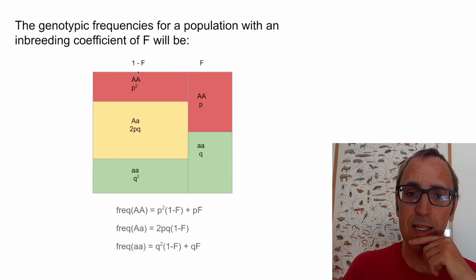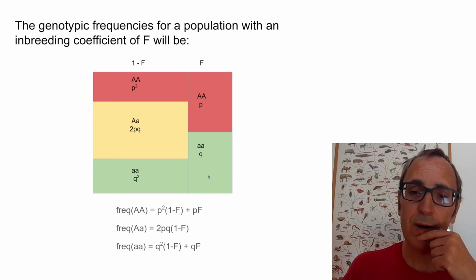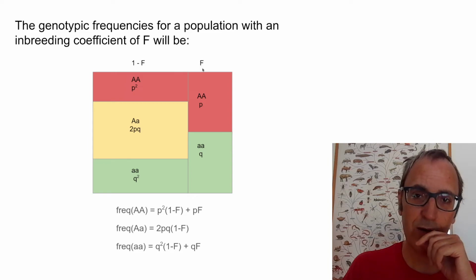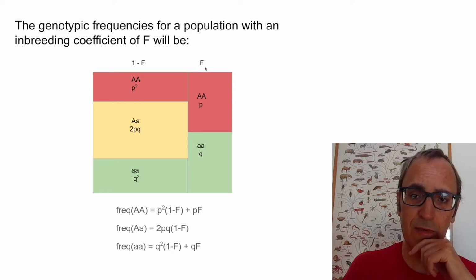One that are in Hardy-Weinberg, so they behave in panmixia, mating randomly, and another part of individuals that would be the F part of the population with a frequency of F that completely self, so they are completely inbred.